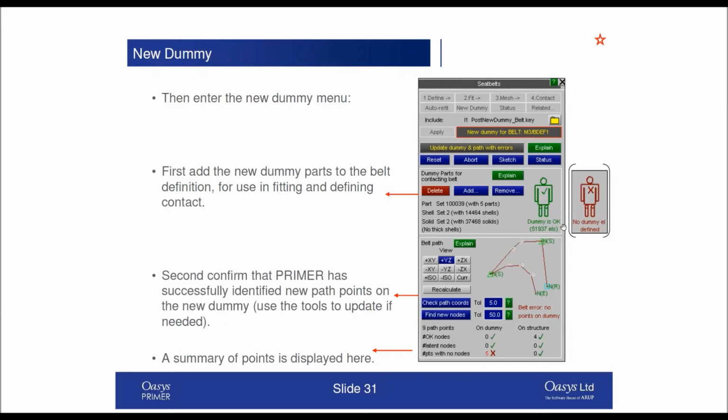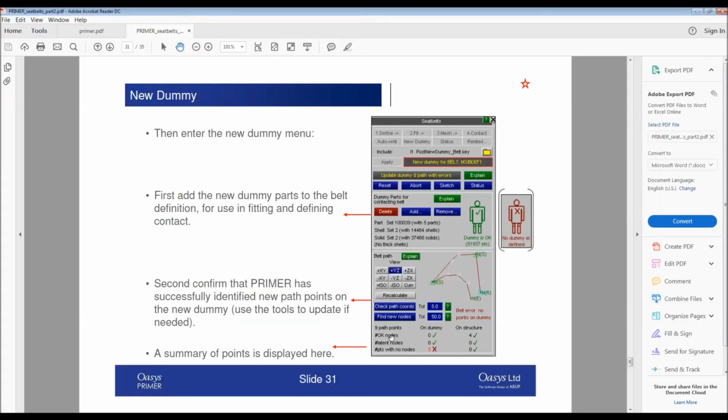And we'll see in the example that sometimes Primer might say it's okay, but you still need to check because it might not actually be okay as you expect. So that's the top part, and then the bottom part is a check on the different points, the points that make our belt, and whether they're okay or whether they need some attention.